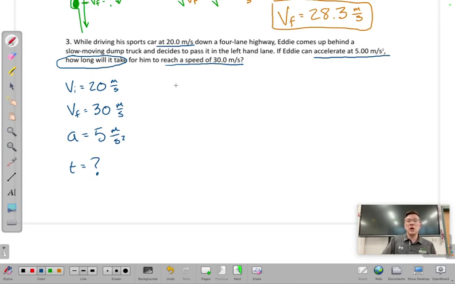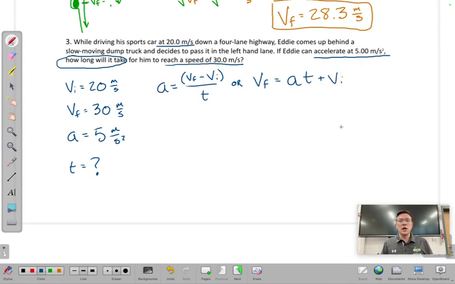We can use the base equation for acceleration, which can be written in multiple forms. Acceleration is equal to Vf minus Vi over t, or the other equation on your sheet would be this rearranged, which is final velocity is equal to acceleration multiplied by time plus initial velocity.